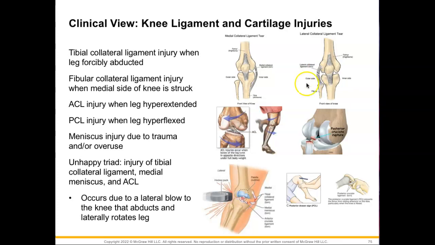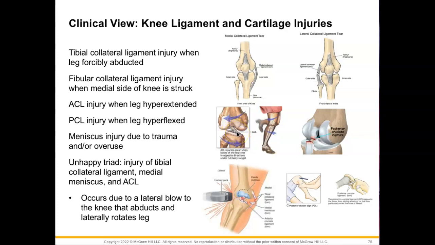We can have an ACL injury in which our leg is hyperextended. Here we can see that this leg has been placed under some torsion, where we have our femur rotating in one direction and the tibia and fibula rotating in another direction, which caused the tear over there.